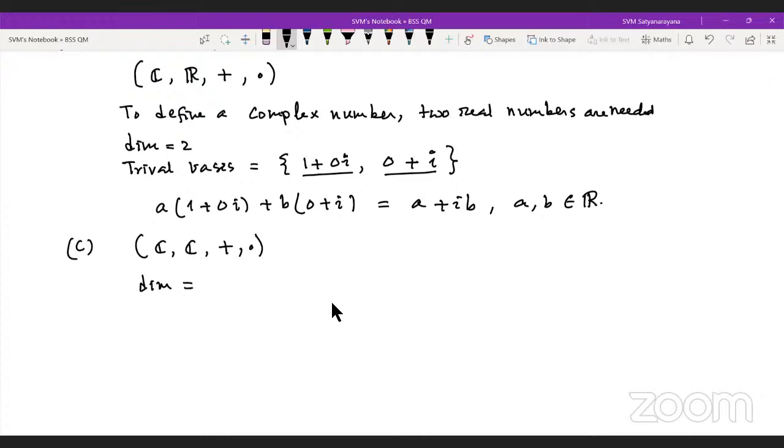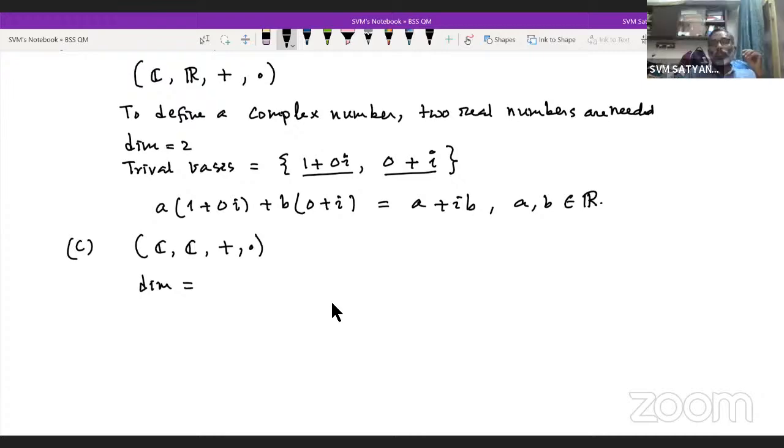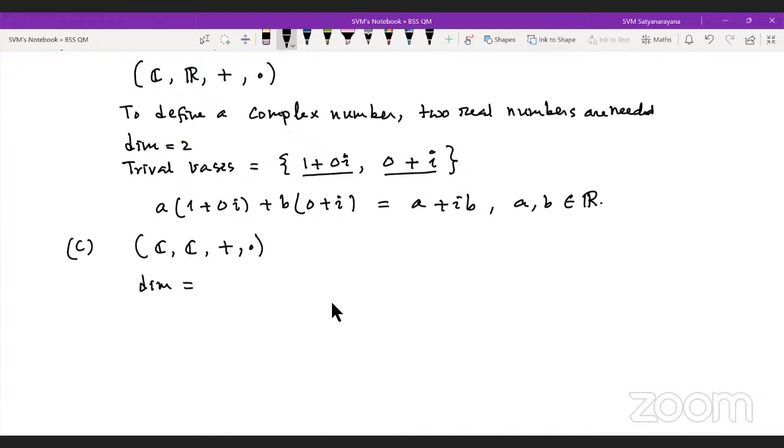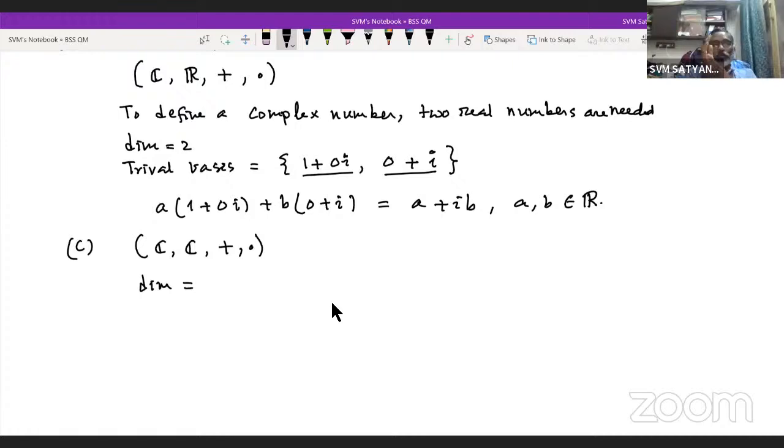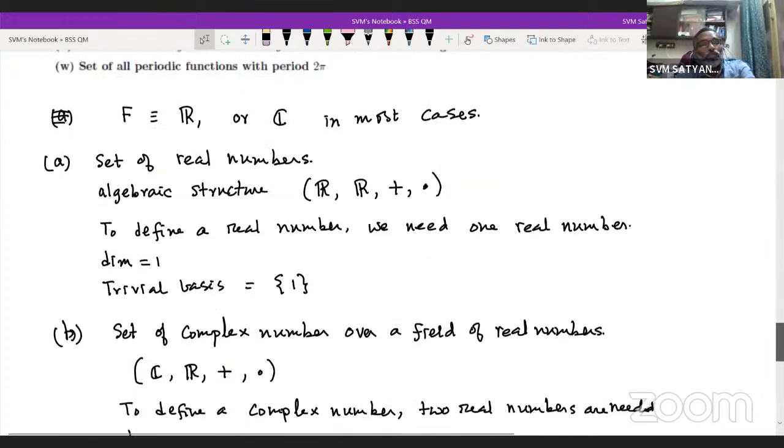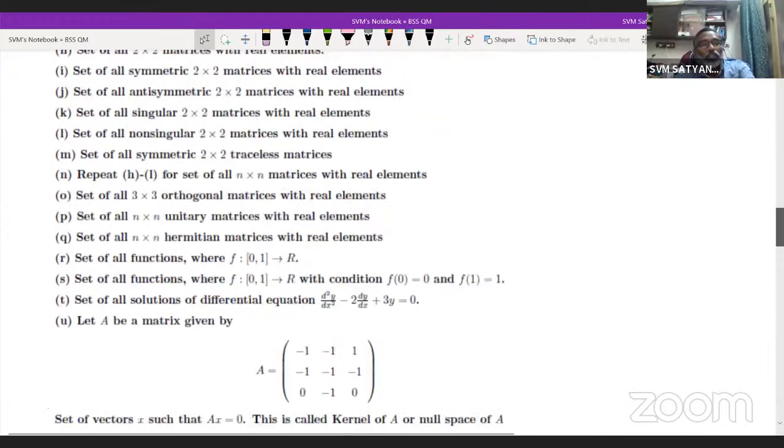Four. Why 4? Sir, each complex number has two real number parts. But see, that is why I want you to understand this carefully. What was the useful notion that I talked about here?